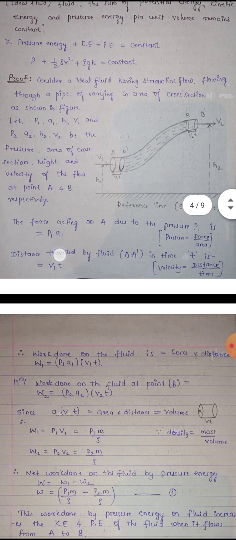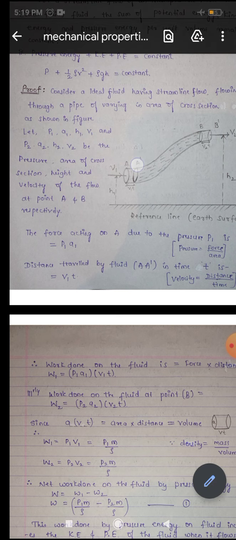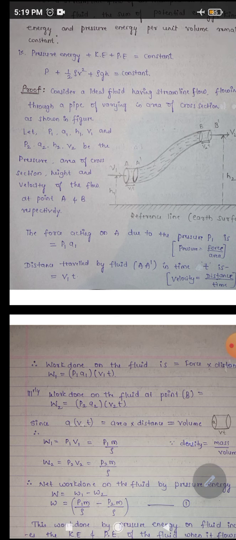Next, the distance travelled by the fluid in time t. Let us take a small element A dash. We want the distance the fluid has covered in time t; suppose it has covered A to A dash.